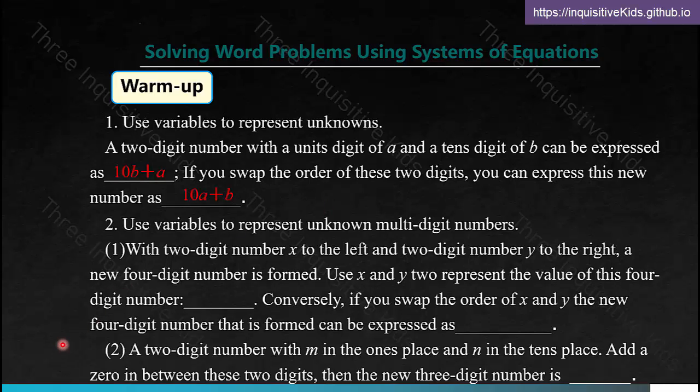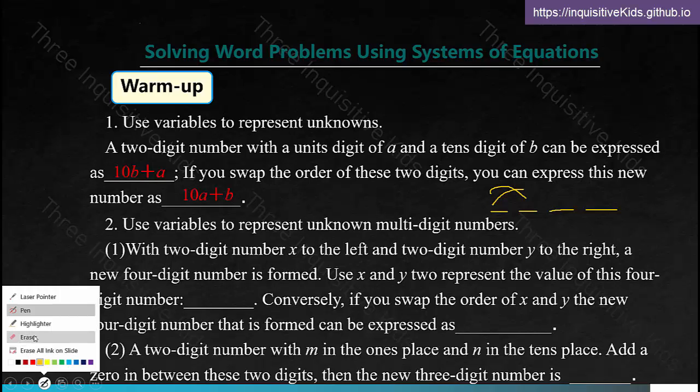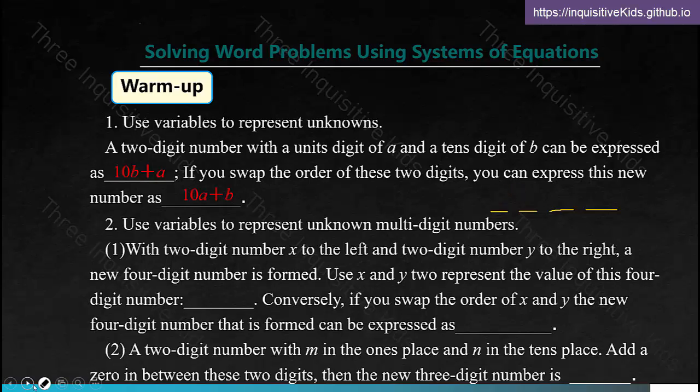So we know that x really takes up 2 place values, right? So if this is forming into a new 4-digit number, this part would be x, and this part would be y.